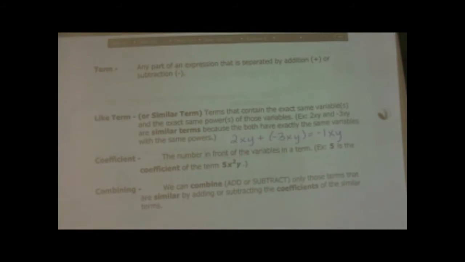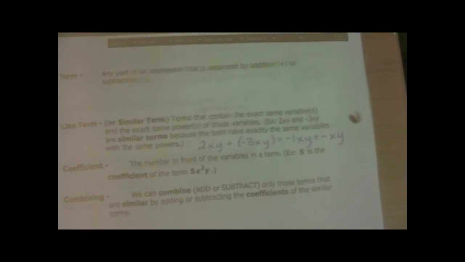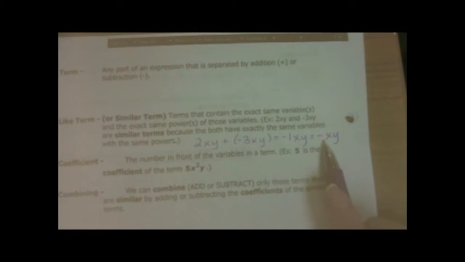So 2xy plus negative 3xy equals negative 1xy. Anytime you have a coefficient that has 1 or negative 1, you don't need the 1 to be present. You can write this as simply negative xy. And if you see negative xy, know that the coefficient is really negative 1.